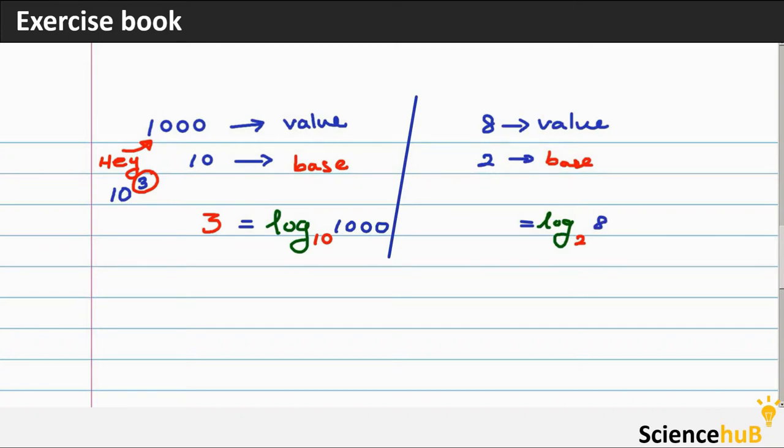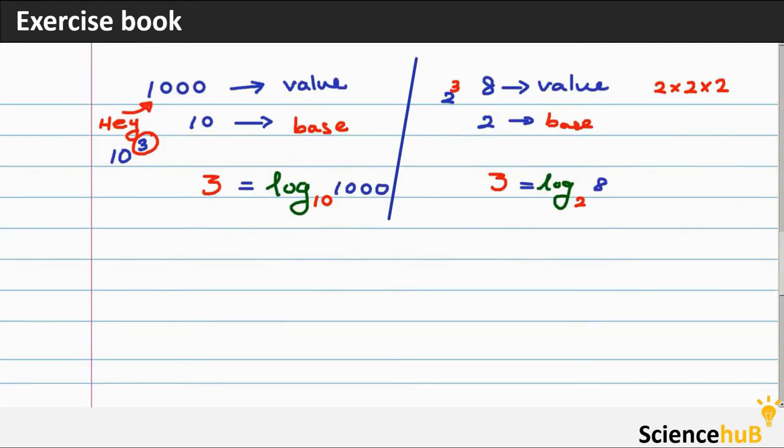I will go and ask 8, hey, what would be your power if your base is 2? You will answer that it is 3. That means 2 to the power 3 is 8. 2 times 2 is 4, and multiplied again by 2 will give 8, and the answer is 3.